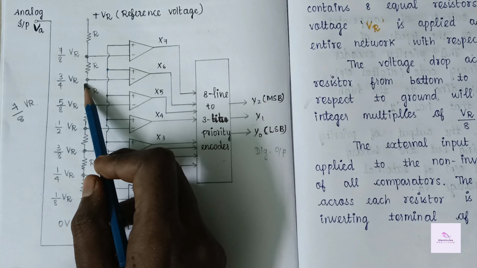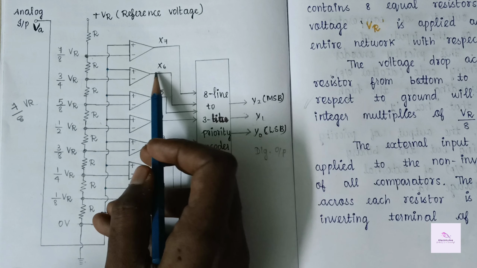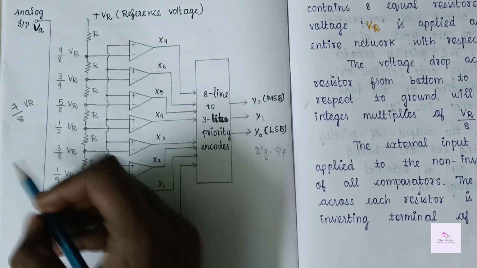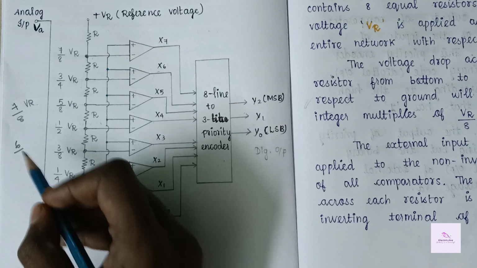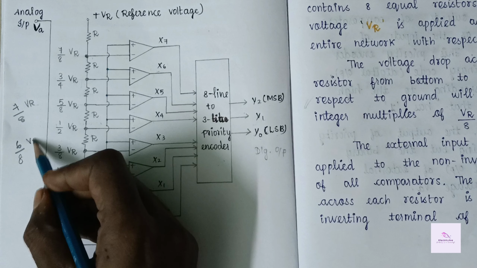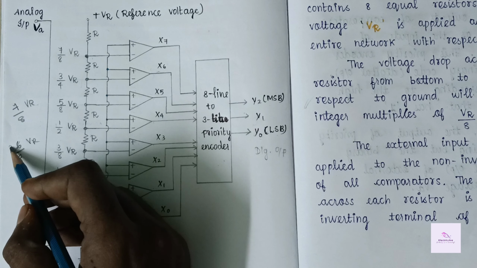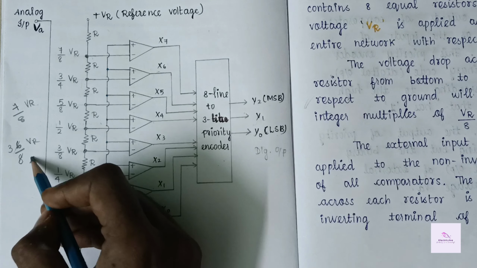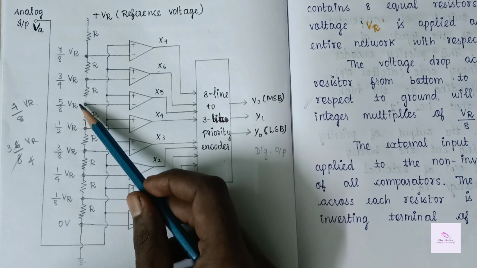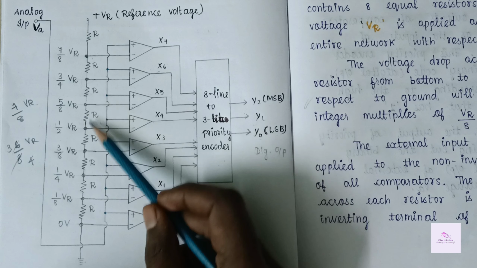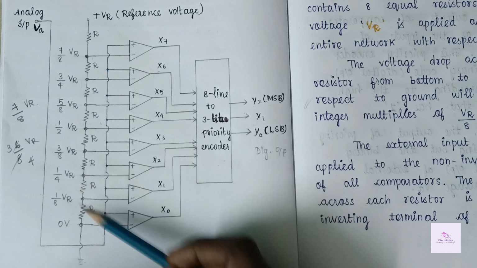Likewise, at this node, we are writing 6. It is the 6th node. Okay. So then write 6 divided by the total resistance, which is 8 into VR. By cancelling this, we get 3 by 4. So 3 by 4 VR. Likewise, we have to calculate the voltage at each node. Okay.